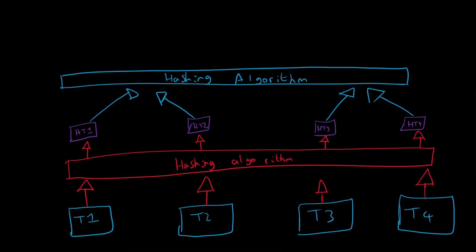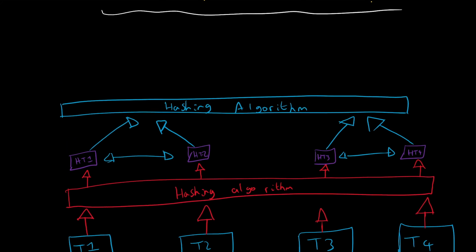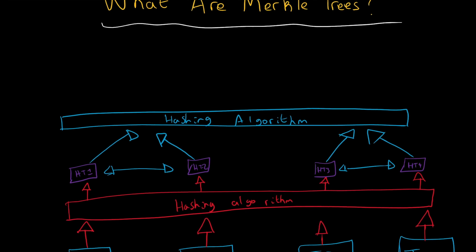So the hashing algorithm: these two are combined, they form a single piece of information. They're essentially just stuck together. By combining them, we put them through the hashing algorithm, and then we get a combination hash. So it's a hash of hashes.